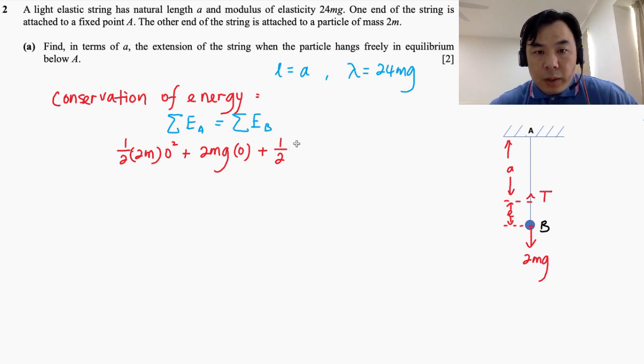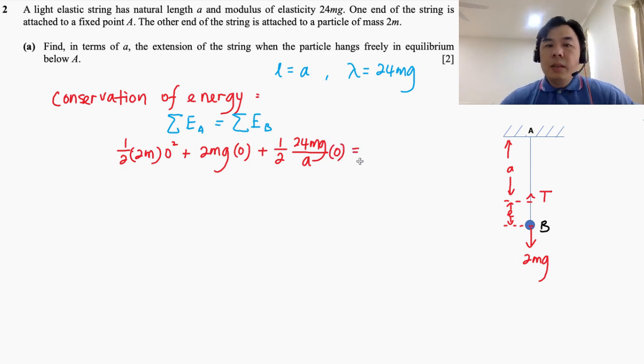So therefore you will say that is 24, I just plug in all the values there, extension is 0. And then it will be the same as the total energy at position B.